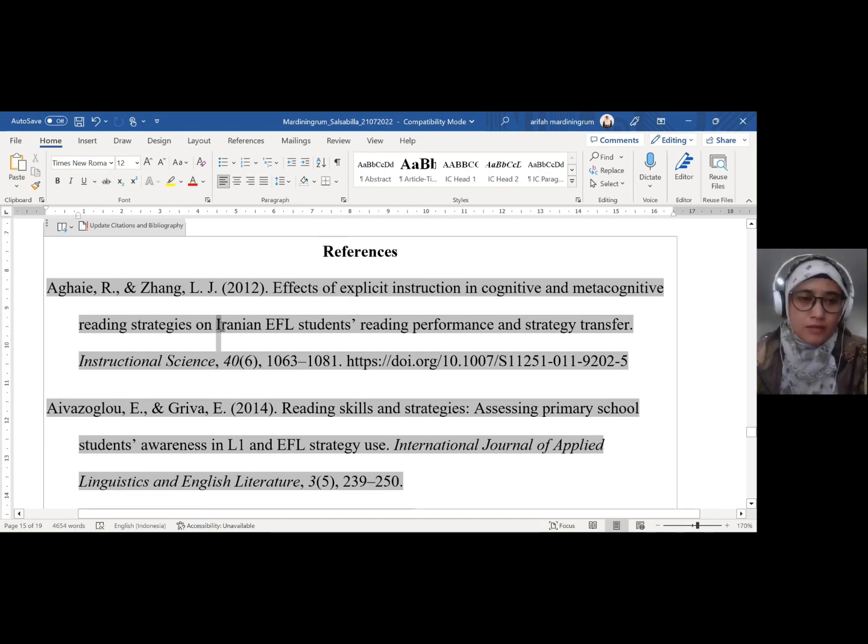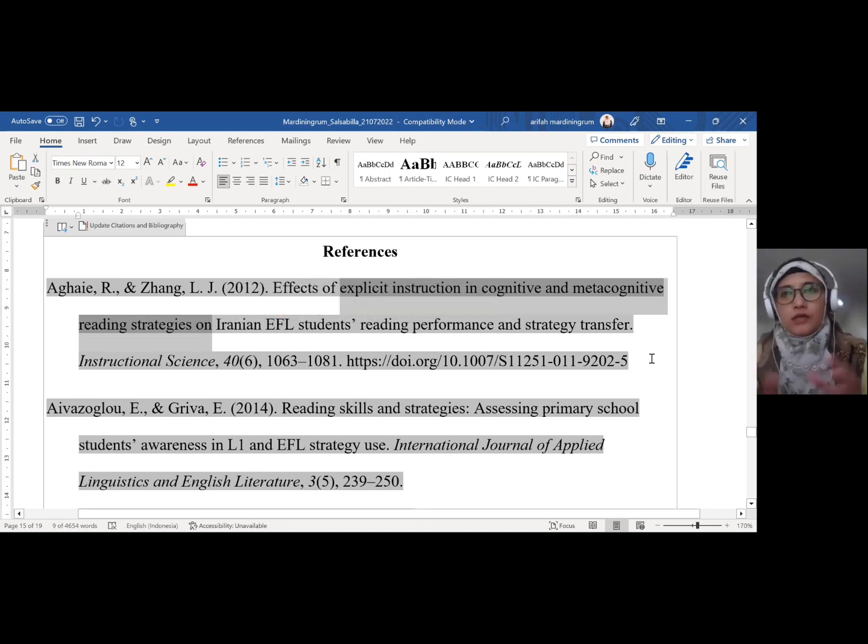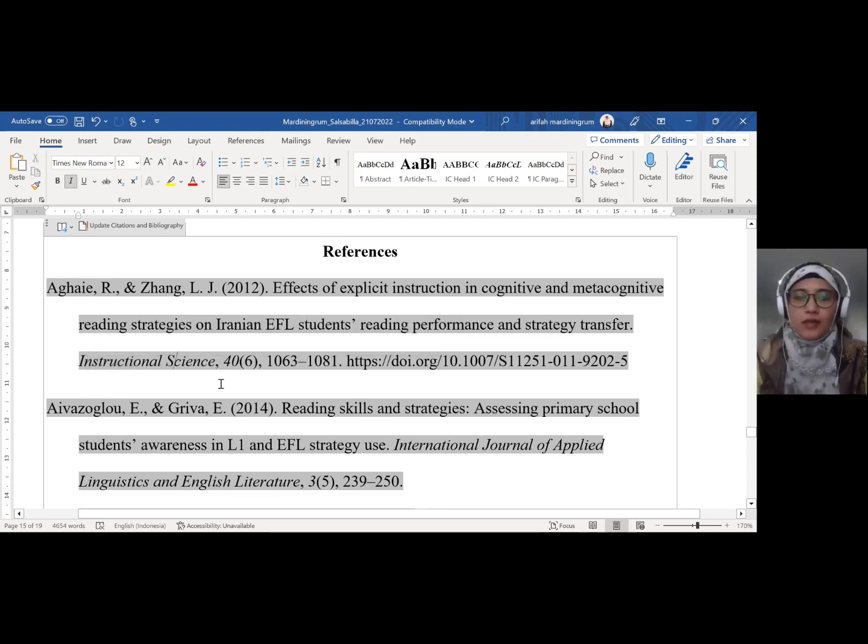The I is capital, so this is correct because it's a proper noun. But as you can see, the other words are written in lowercase, no capitals. So this is good. This is correct. What about the journal title? Instructional Science. The I is capital, the S is capital. So it follows the rules. So this is good.